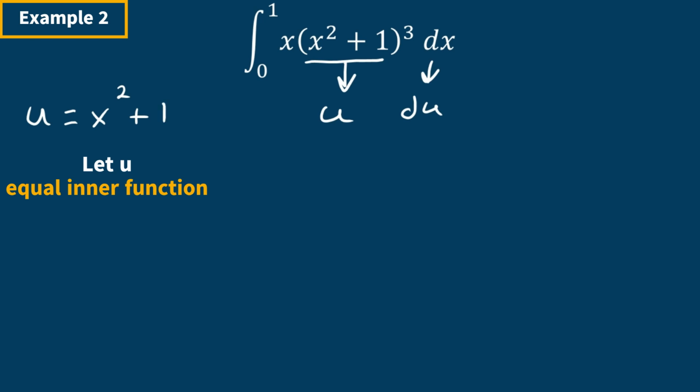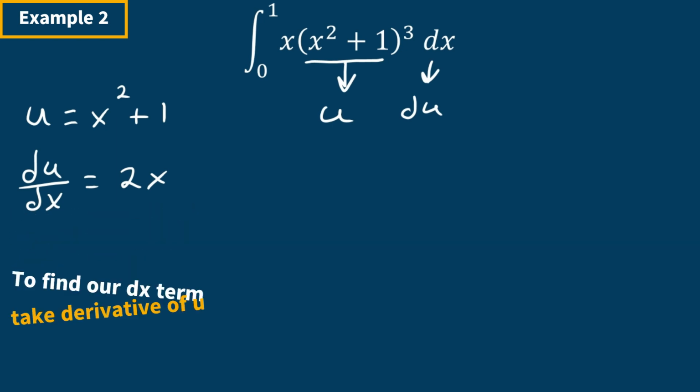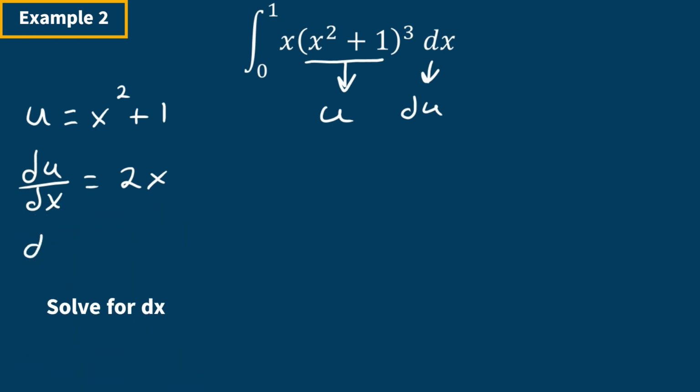To find dx, what we do is we take the derivative of this. What we're going to have is du over dx is equal to the derivative of u, which is 2x. Now we can solve for dx. dx is equal to du over 2x.